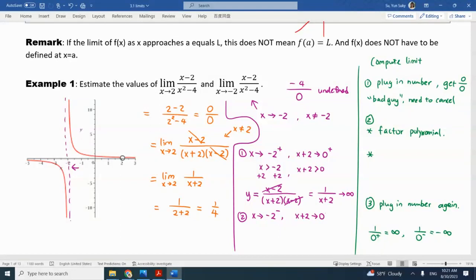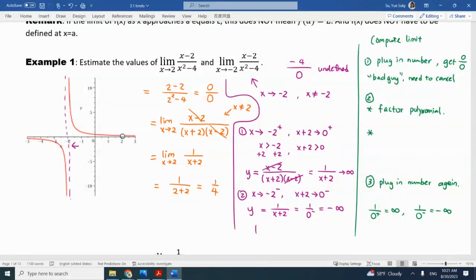So 0 minus. Therefore, y equals 1 over x plus 2, this is like 1 over 0 minus, which is negative infinity. Okay, everybody? So, therefore, the limit when x goes to -2 of the function does not exist. So this notation means does not exist. DNE. You can just put DNE.